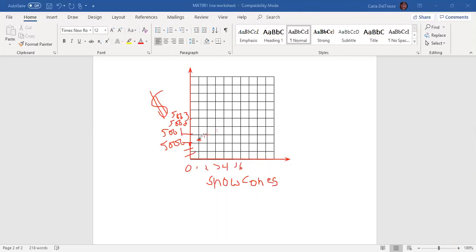So we have a dot here, we have a dot here, we have a dot here. And every time I'm going up another 50 cents for 1 snow cone. Up another 50 cents for 1 snow cone.